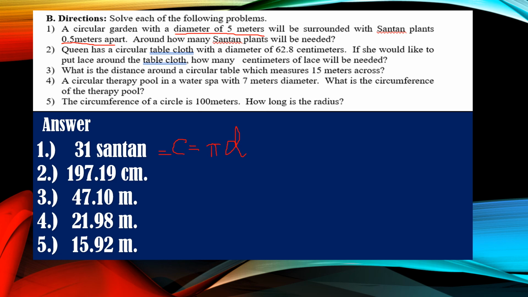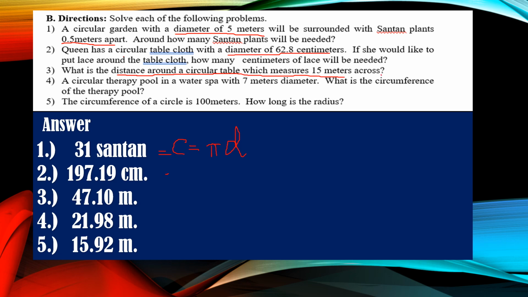Number 2, a circular tablecloth with a diameter again of 62.8 centimeter. So the question is how many centimeter lace will be needed. So the answer, the same formula, circumference equals to pi d. The answer is 197.19 centimeter. In number 3, what is the distance? So when we talk about distance around the circular table, we are talking about a circumference.